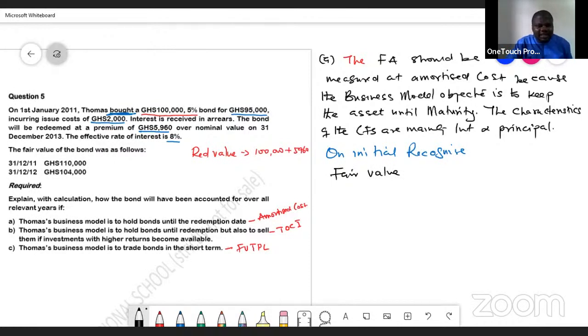It was at a discount. They have deducted the discount. So it's now 95,000. Remember, I said it's 95,000 because the person has already deducted the discount for you.